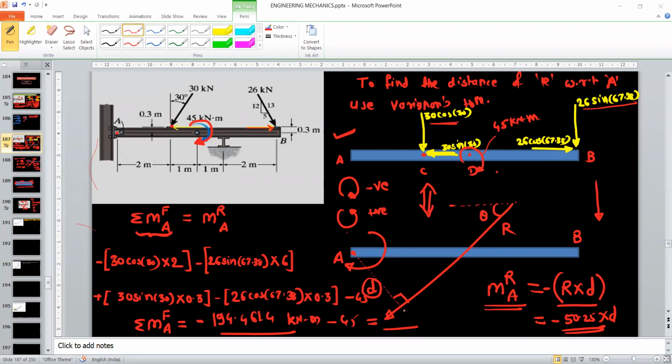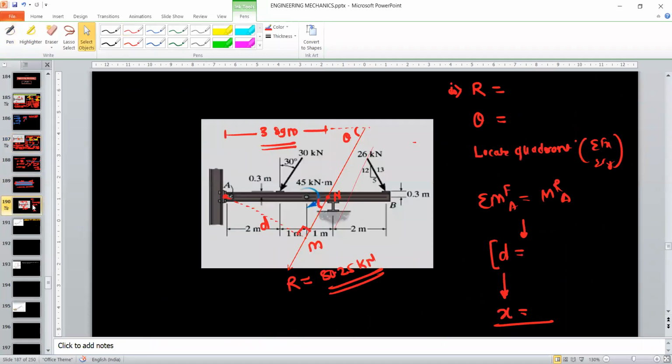So this is equal to minus 239.46 kilonewton meter. Now equate this with this answer, minus 50.25. So you will get the answer D. So you need to correct this value in this equation. So we need to change all the answers, D, and after that X.